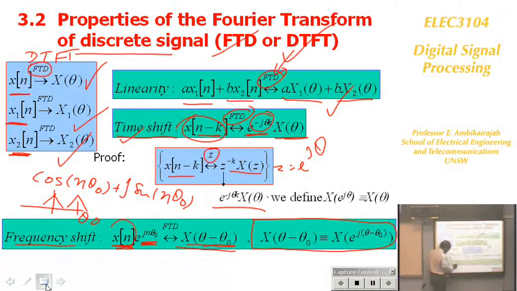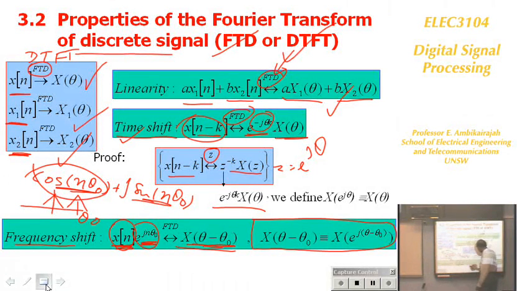So when you take your time signal and multiply by a complex function, you will get this frequency shift. When you multiply by cosine only, rather than this, which you should work out, you will find you'll have two shifts. One is X(theta minus theta naught), the other one is X(theta plus theta naught). And the amplitude would be half here and also half.